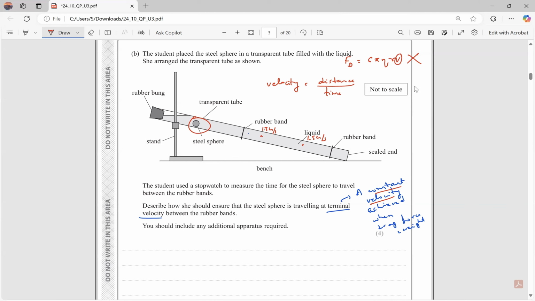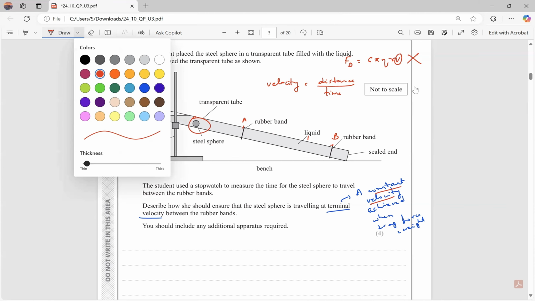Now we don't just have to say how the student will find this velocity. We have to say whether the steel sphere was traveling at terminal velocity between the two rubber bands, between point A and point B, or not. How do we prove that? We can prove that if we show that the velocity was constant. How do we show the velocity is constant? So let's just choose some random points.